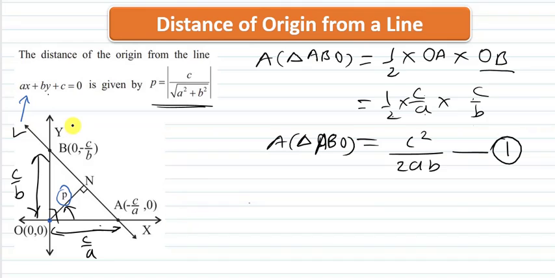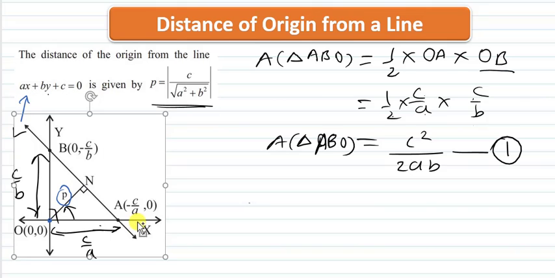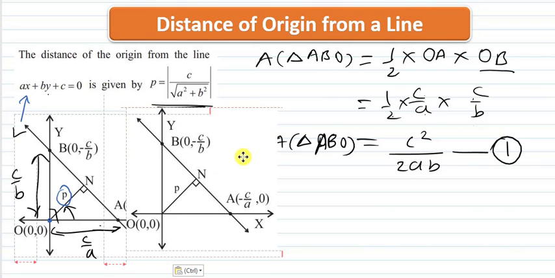I can also find the area of this triangle by taking AB as base. How? I'll copy it and show you.